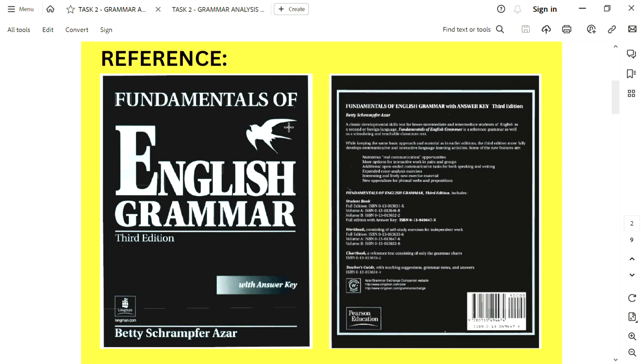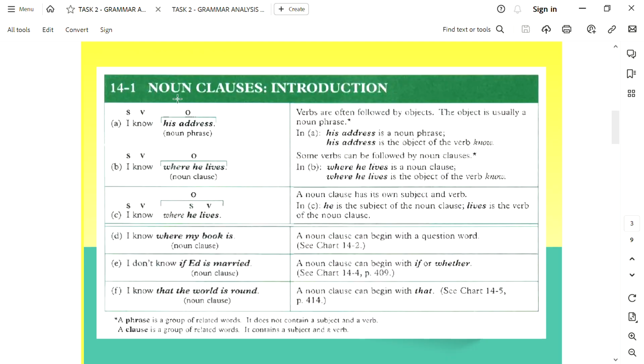The book title is Fundamentals of English Grammar, the third edition, written by Betty Schrampfer Azar. Right, starting from the noun clause.